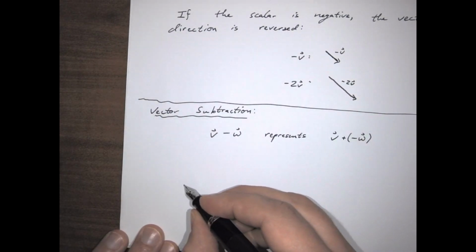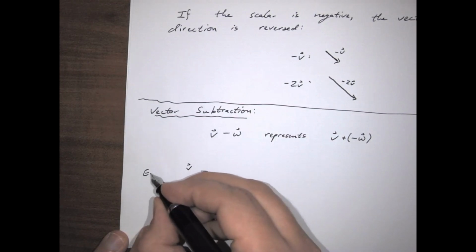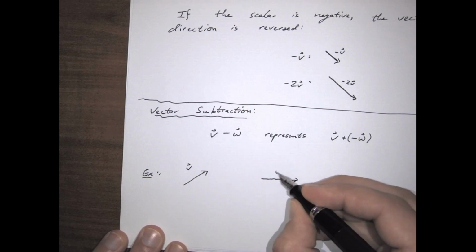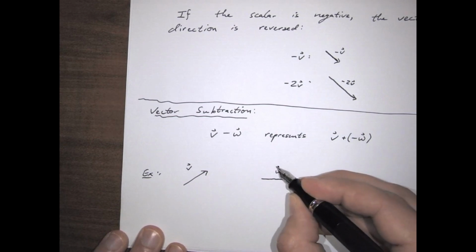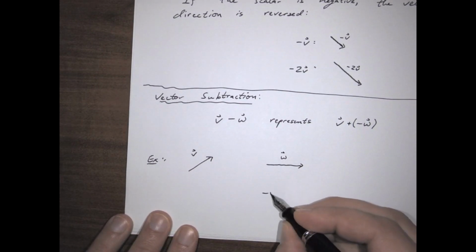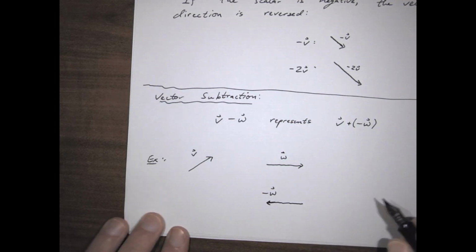So if v is going like this, and let's say w is going like this, then essentially we can just break it down into 2 parts. Negative w would be the same thing, but in reverse. So it would be going to the left instead of to the right.